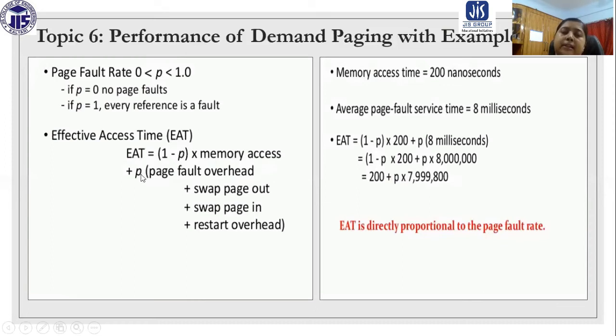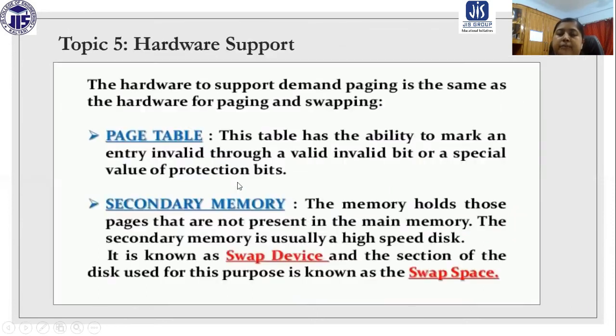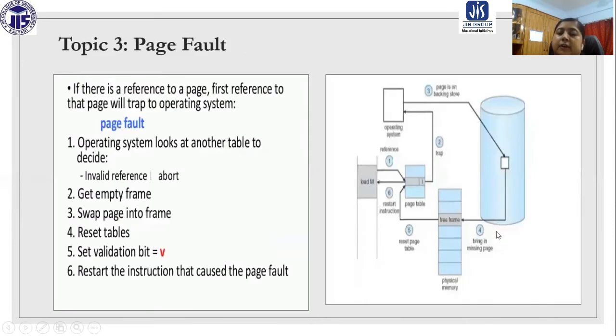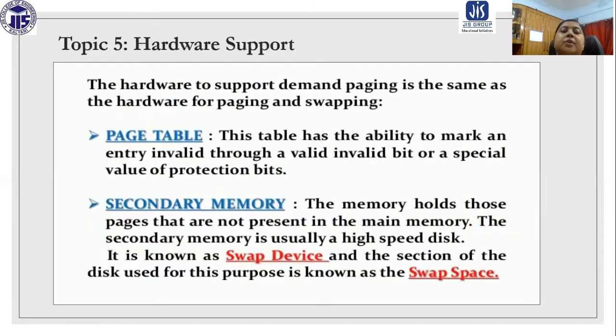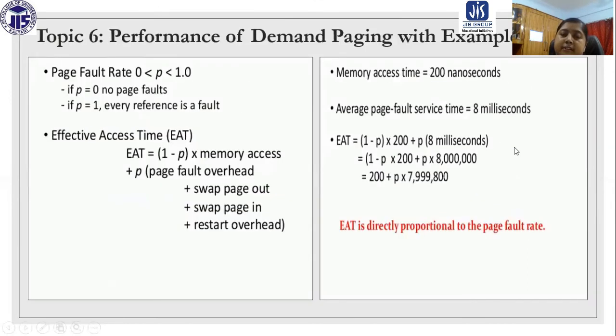Now p denotes the page fault, so this portion is for the page fault. Firstly we need to add the page fault overhead. From this figure it is clearly mentioned what things we need to do whenever we encounter a page fault. So these are all overhead. Swap page out requires some time, because searching for a free frame is not enough.